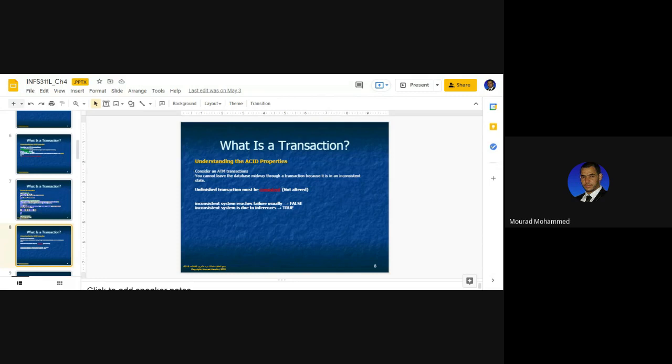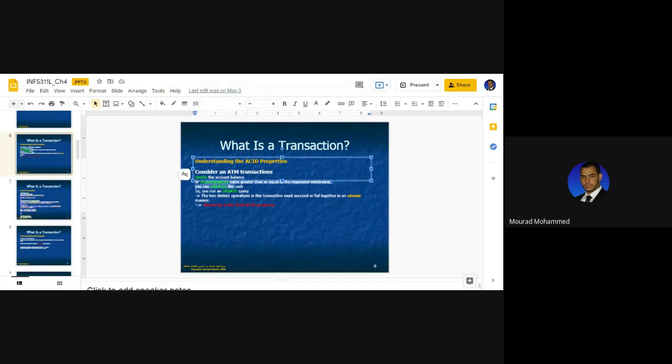The second property we saw was consistency, and we said that a transaction has to be fully executed or fully cancelled, either fully reaching the end and committing or fully cancelled. If it did not reach the end and commit what has been finished, this is not consistency. As per the ATM example, if the user withdraws money and it stops here, the system did not do the update and what comes after.